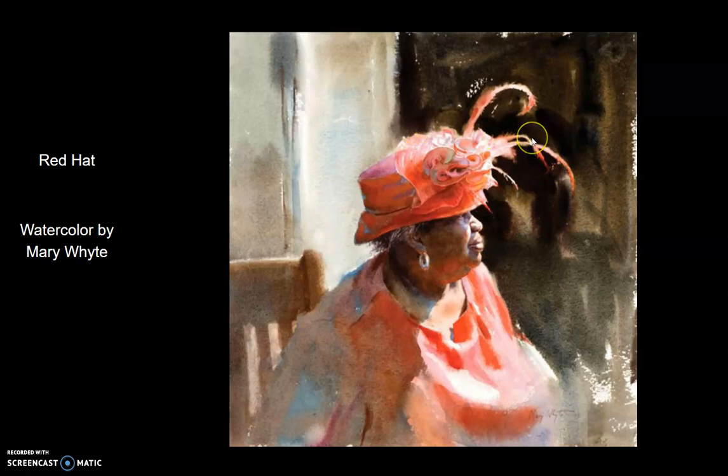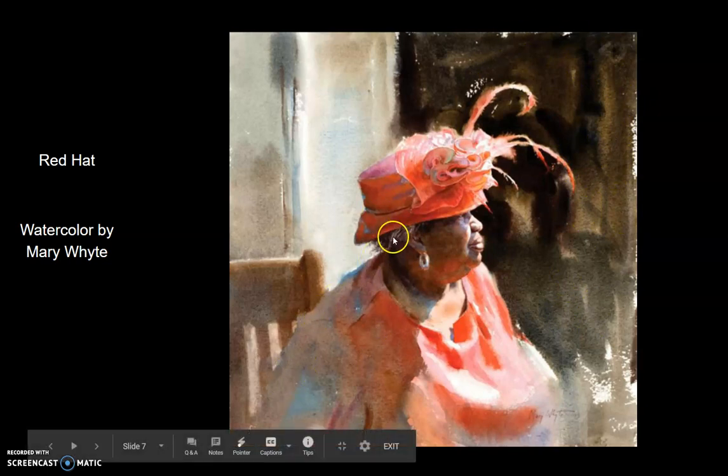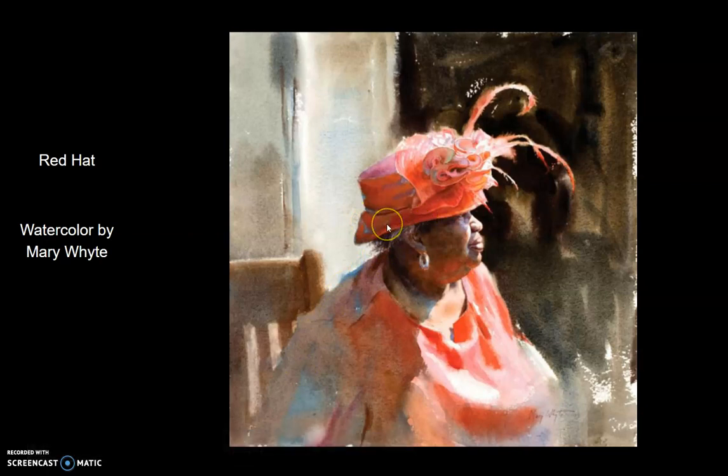Another thing that Mary White is really good at is keeping hard edges in the right spots. With watercolor, it's easy to add water everywhere, drop color in there and make things really, really soft. But you can also have more control of your brush and do a technique like either dry brush or wet on dry.